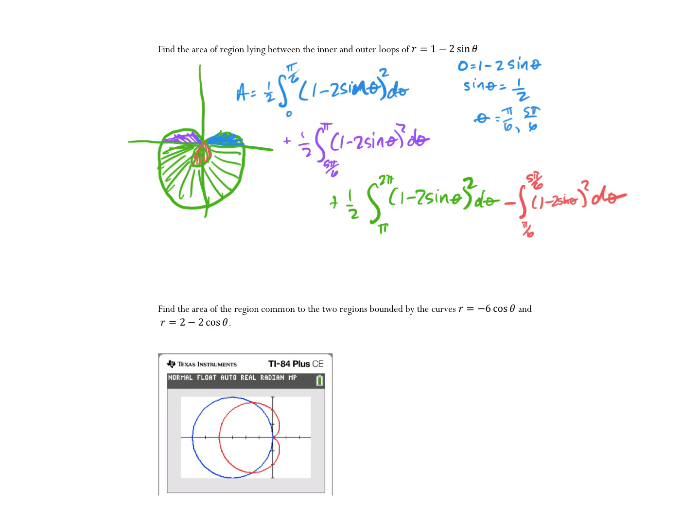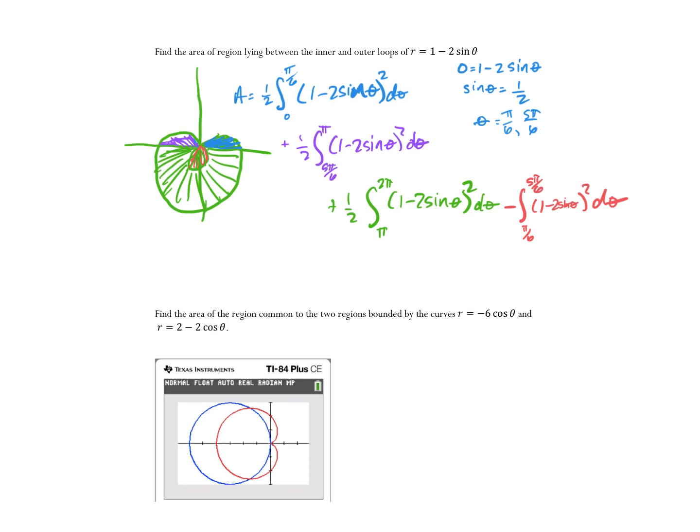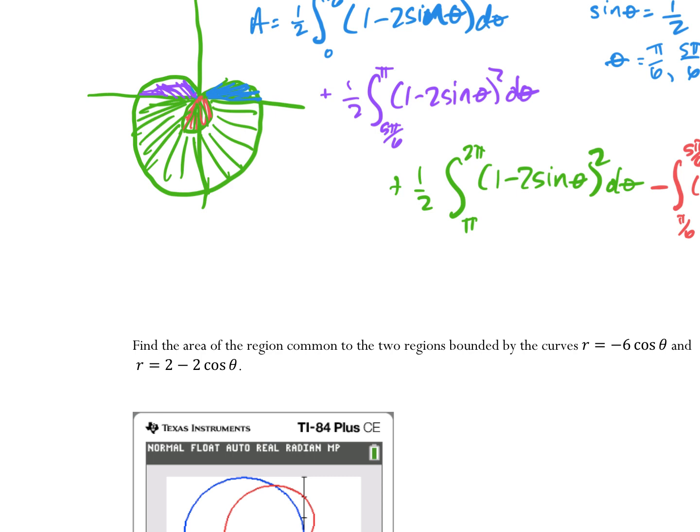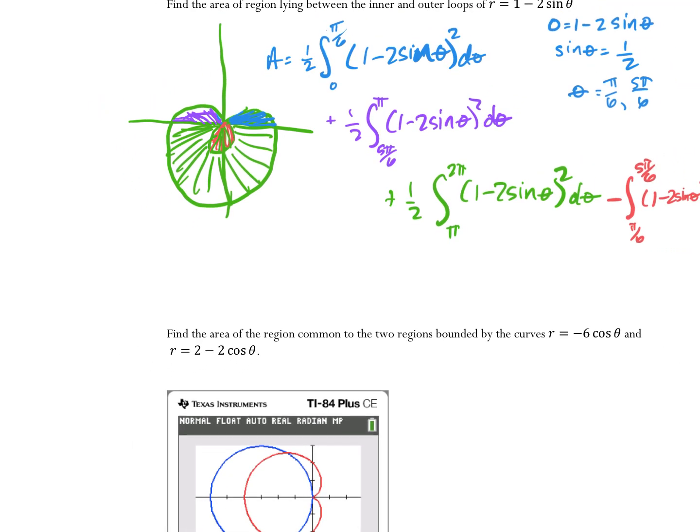However, it would work. Now, what I might choose to do is start my shading a little bit differently, and I might say my area is going to go from here, and I'm going to rotate around here to here.